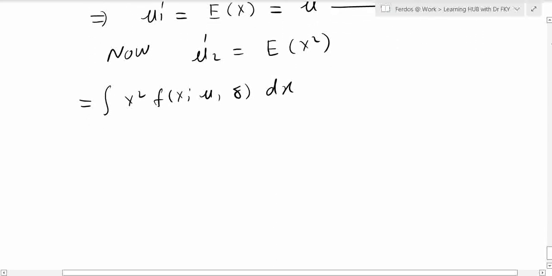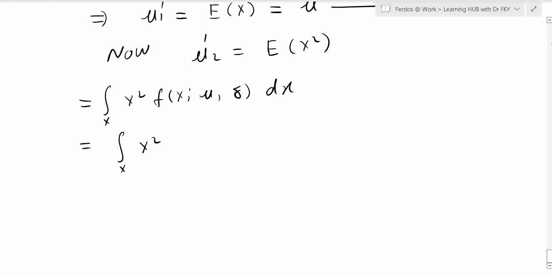And this is further equal to the integral over the range of x, which is of course from minus infinity to infinity, 1 divided by sigma root 2 pi, x square e power minus 1 divided by 2 sigma square x minus mu whole square dx.